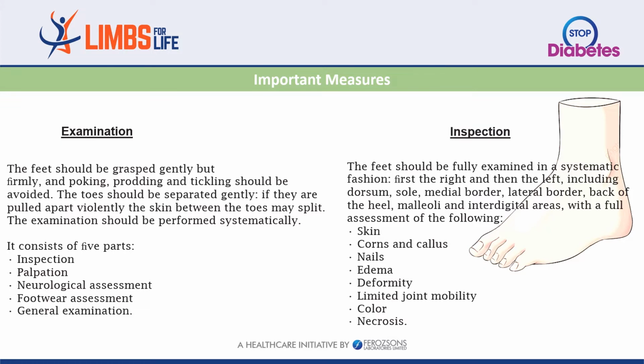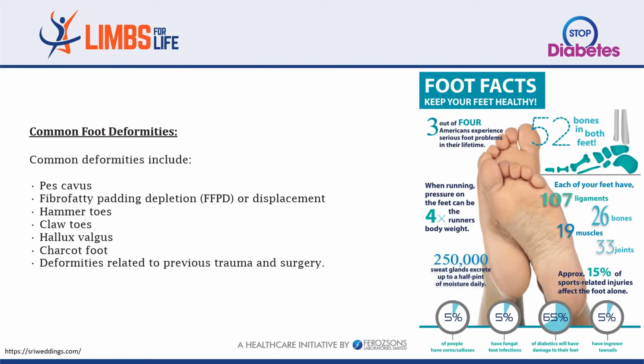The feet should be fully examined in a systematic fashion, first the right and then the left, including dorsum, sole, medial border, lateral border, back of the heel, malleoli, and interdigital areas, with a full assessment of the following: skin, corns and callus, nails, edema, deformity, limited joint mobility, color, and necrosis.